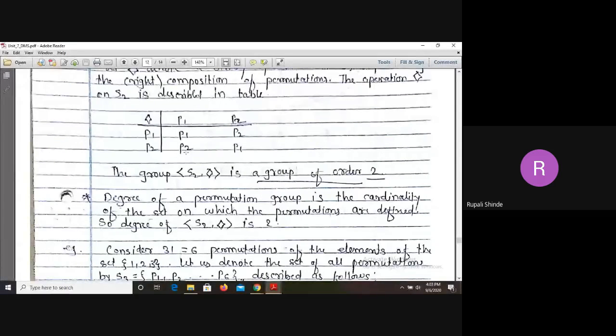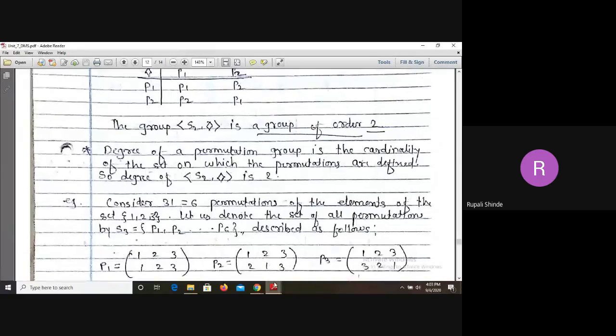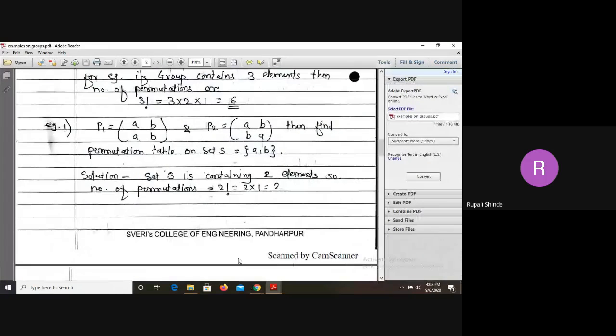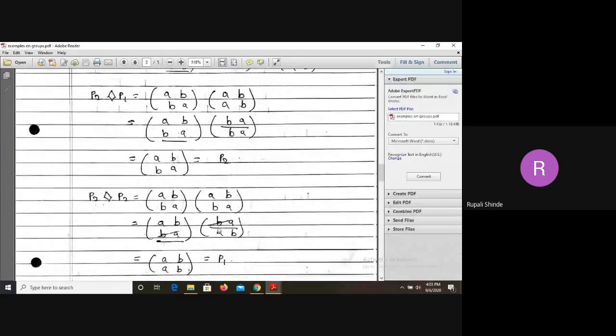Now just one value is remaining, the last one, P2 permutation P2. Again we apply the same strategy. The value for P2 is AB, BA, and again the value for P2 is AB, BA. Again check whether the second and third element are the same. Here the second element is BA and the third element is AB.